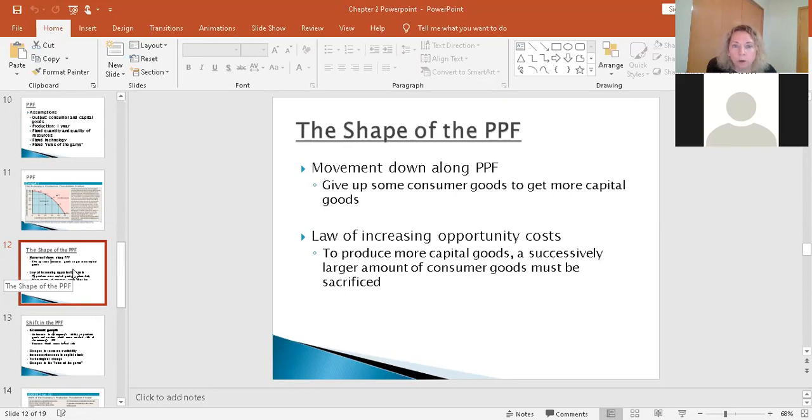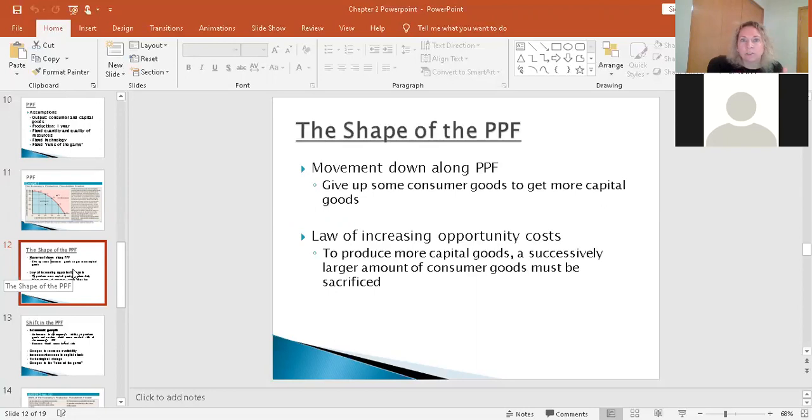So if we do want to produce more capital goods, because we're already being perfectly efficient with our resources at point A, when we go to point B, or any point lower than A, we are giving up some consumer good in order to gain capital good. You're already using all of your resources, which means you have to give up some of the resources you're using to make consumer goods in order to make the capital goods.